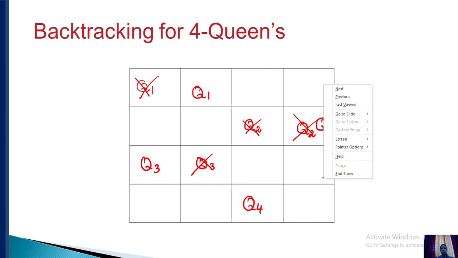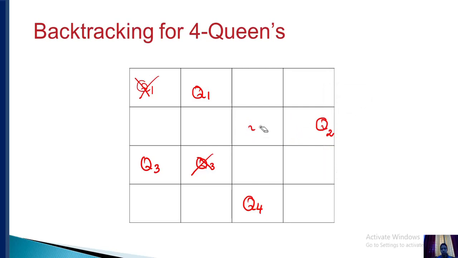Okay, so this is the solution we have finally for this N cross N queen problem, where we have taken N as 4. So we have placed 4 queens in the proper position without clashing or attacking each other.